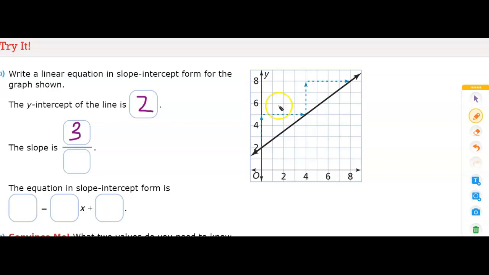And our run would be 1, 2, 3, 4. And so that's our slope. So our equation would be y is equal to 3/4 x plus 2.